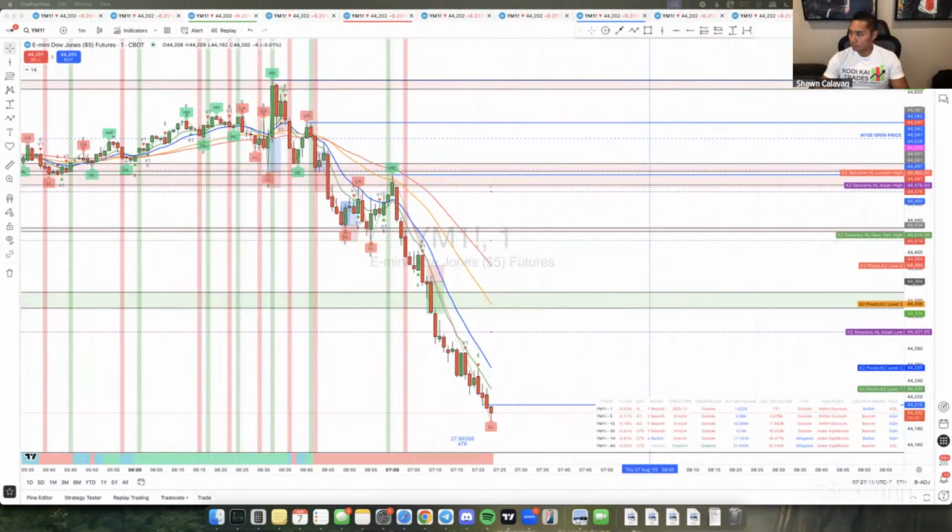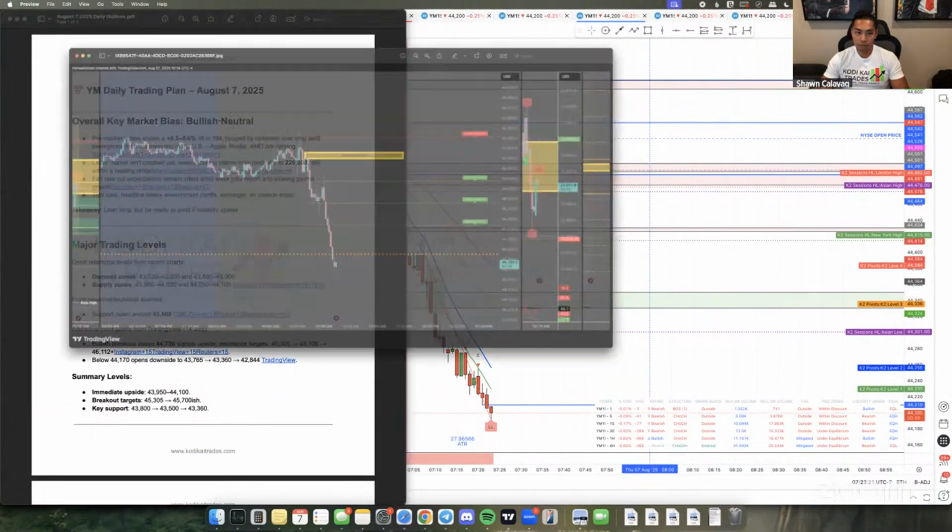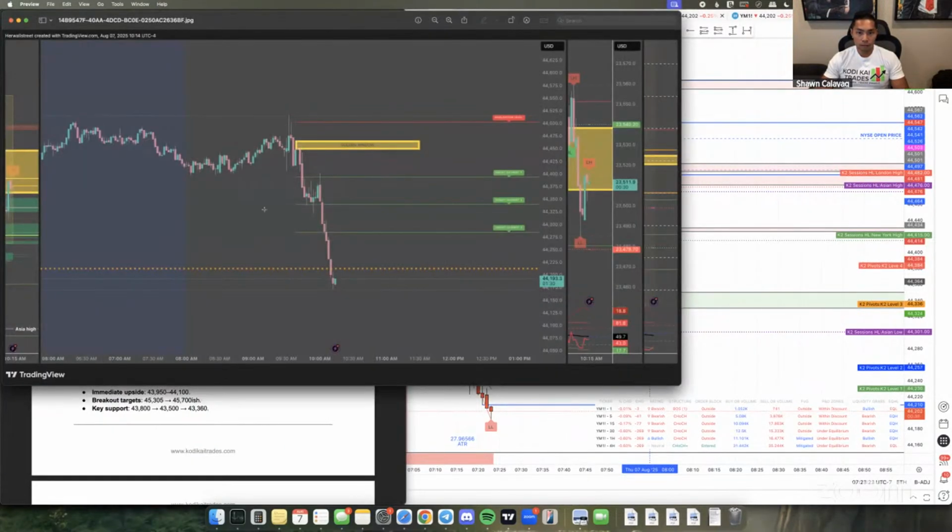Let's see. So Rashida got in for a sell from 940. Yeah, that's a crazy sell right there. Rashida, you got in perfectly, right at open basically. Nice work on catching that. Yeah, it looks like you caught the whole thing too.